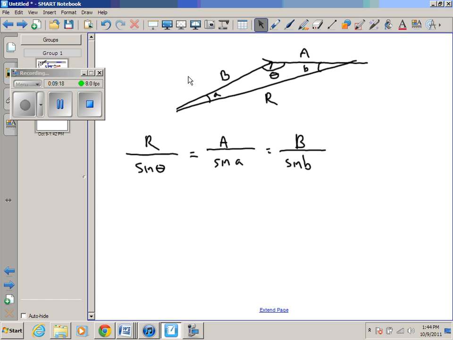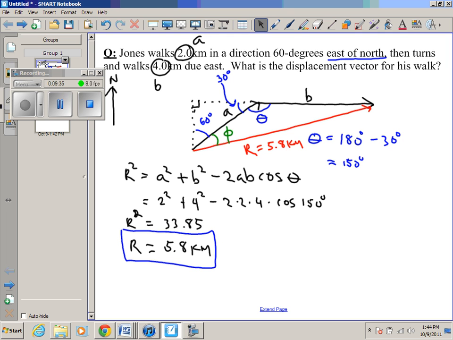Hopefully you've learned that before, but this is a relationship between the sides of any triangle and the corresponding angles of that triangle. Again, I'm sure you've seen that before, but let's apply the law of sines to our problem.